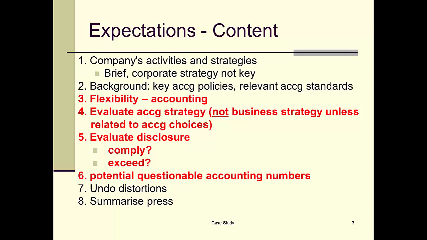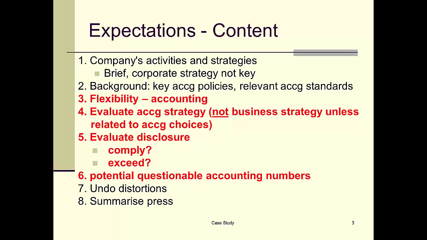So for example, if one of the accounting policies were property, plant and equipment, because they had a lot of equipment, then you know that the flexibility would relate to their choice between the accounting and cost model, also choices in making assumptions for depreciation and so forth.